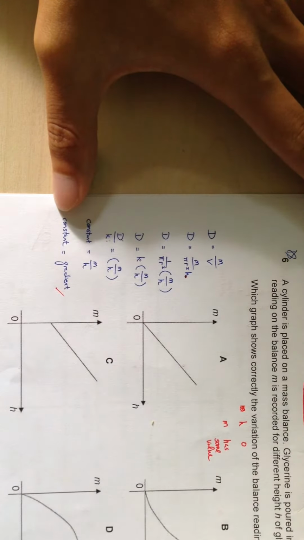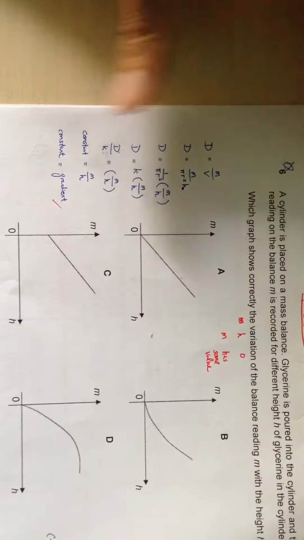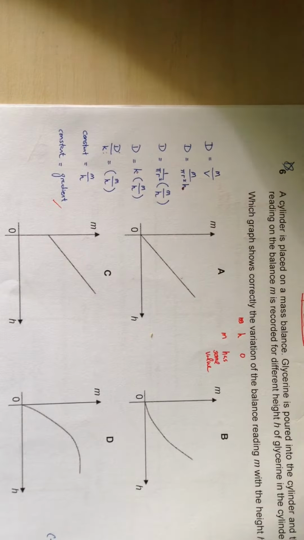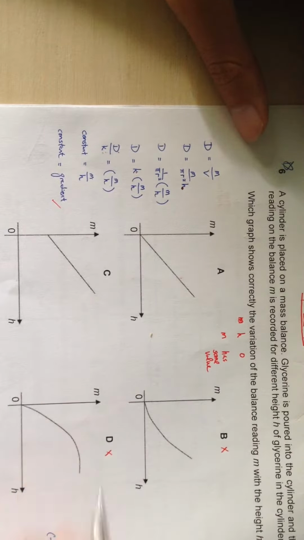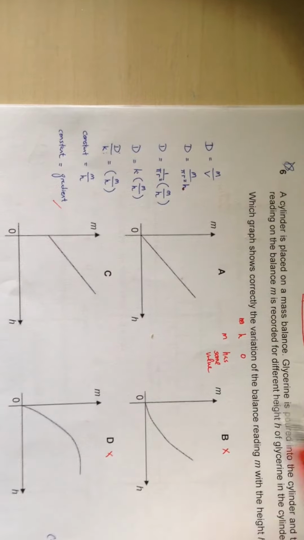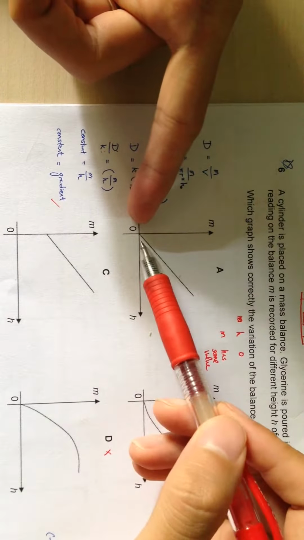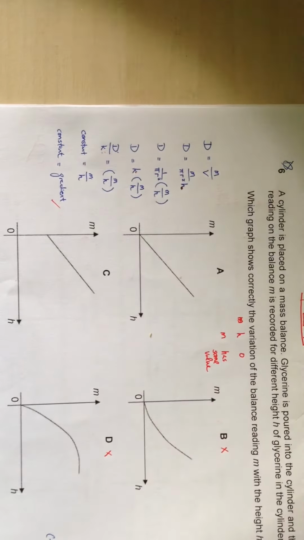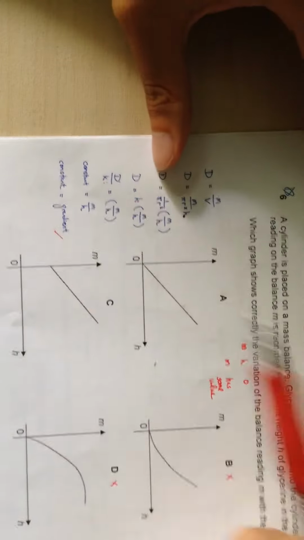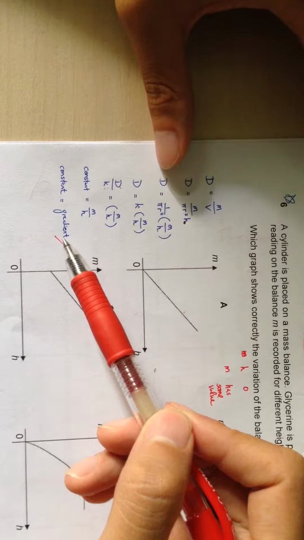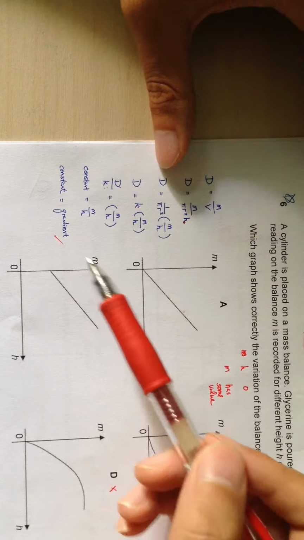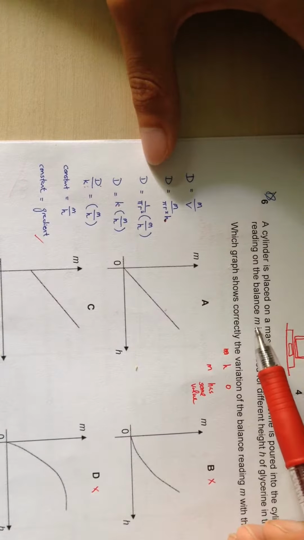I know this second piece of information, so I look at all the options given to me. Gradient has to be constant. I can already take out B and D. Then I tell myself, okay, so what is going to happen? Will there be a mass when my h is 0? When I first did this question, I was so carried away by this discovery that I thought this mass only refers to the liquid.